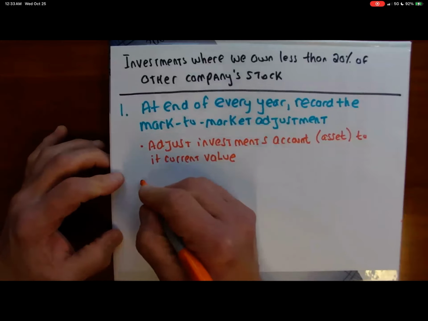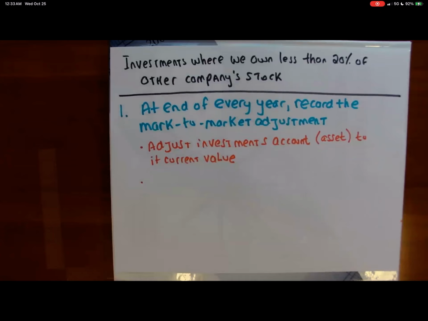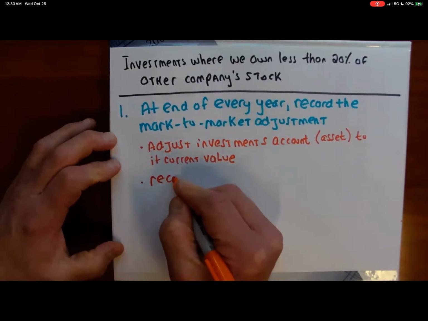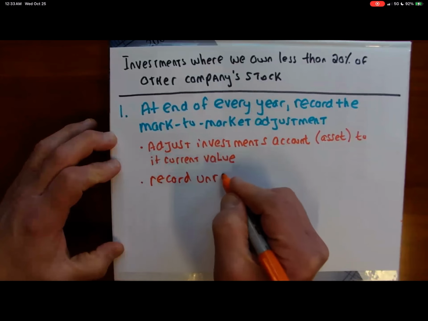But you guys have been around long enough, you know that when we have an adjustment, we can't just do one thing. We have double entry accounting. So there's going to be two effects from that transaction. And the other effect is we will record an unrealized gain or loss.